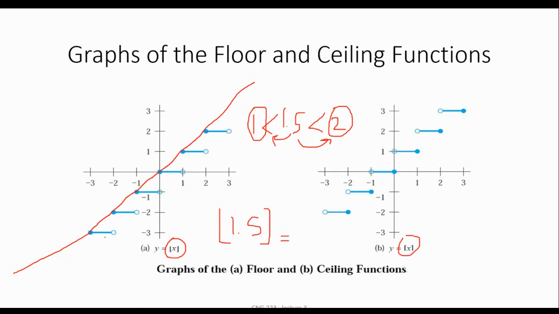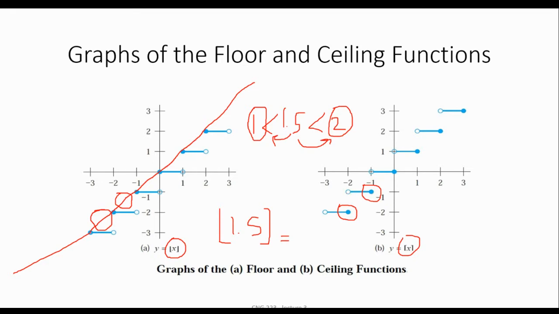So when you apply such a thing, we shouldn't have decimal points here. It goes down instead of going above. And you see that some of the circles are filled, some are not. It means that this point itself is included, and this one is not included.